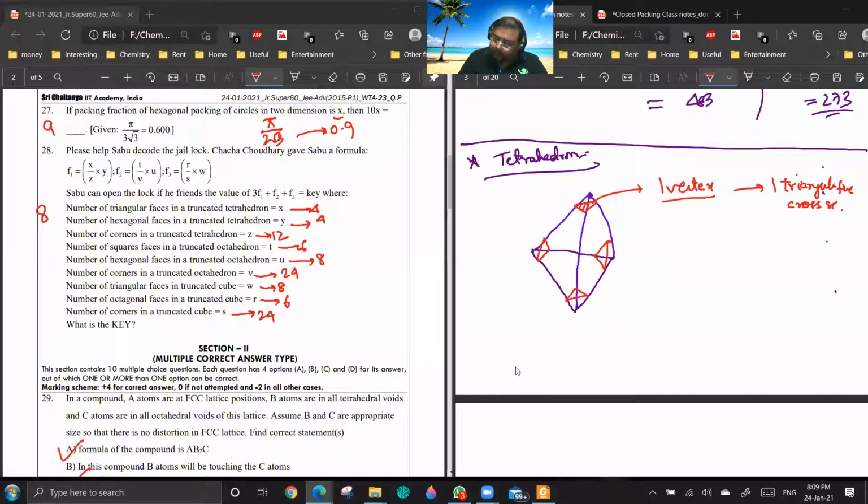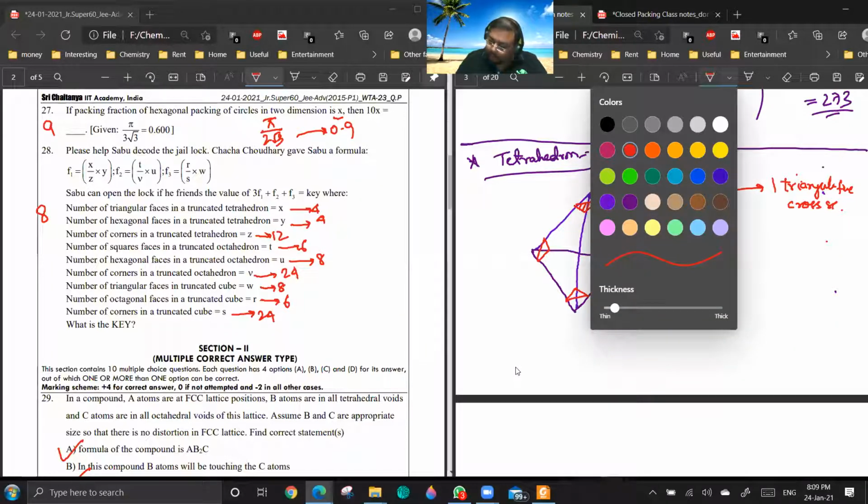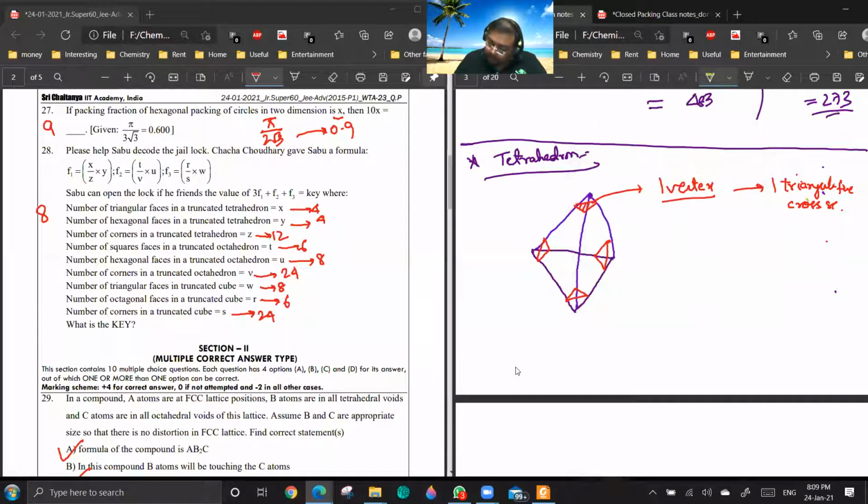It consists of this area, this, this, this, and this. Yes or no? This is one of the faces.